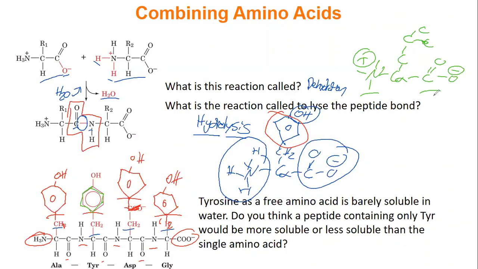Those charge groups can interact with water. They can hydrogen bond. This big old side chain can't. So if you drop one isoleucine amino acid in the water, sure, maybe it would be a little bit soluble because you will interact with these charge groups.